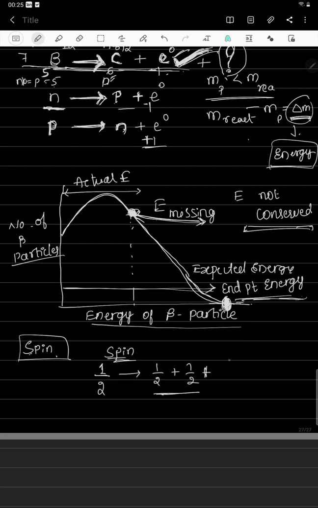So we have to add a particle which has spin half. If we add a particle with spin half on the RHS, we get 3 by 2, which we can write as 3 into 1 by 2. This is an integral multiple of 1 by 2, and that is also okay, since the LHS has 1 by 2.